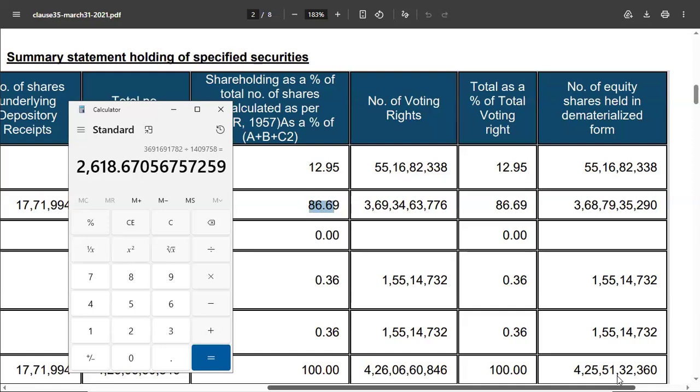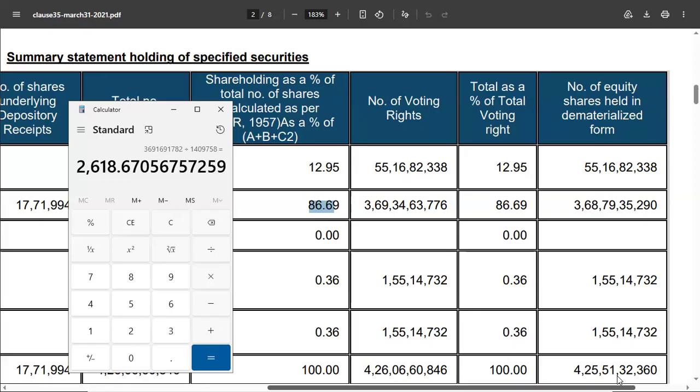I just calculated the benefits. If I earn 100 rupees, the 23 people will earn 13 rupees, and the other 14,000 people will earn 87 rupees.